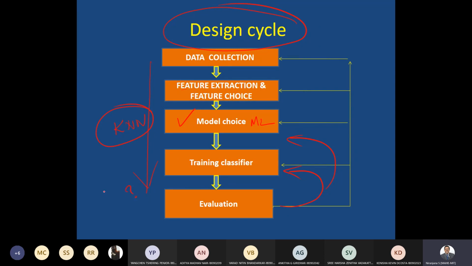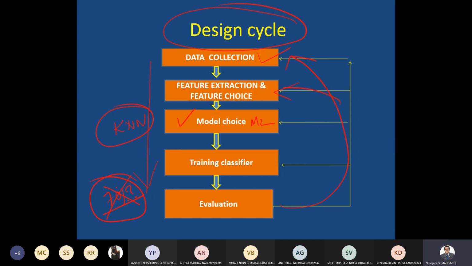The performance may be 70% or something which you observe at the end of the testing. You may not be happy with whatever you get. So if you're not happy, you may have to go back and modify your feature vector here, or you may have to collect some more data. So you are going back in the process, right?